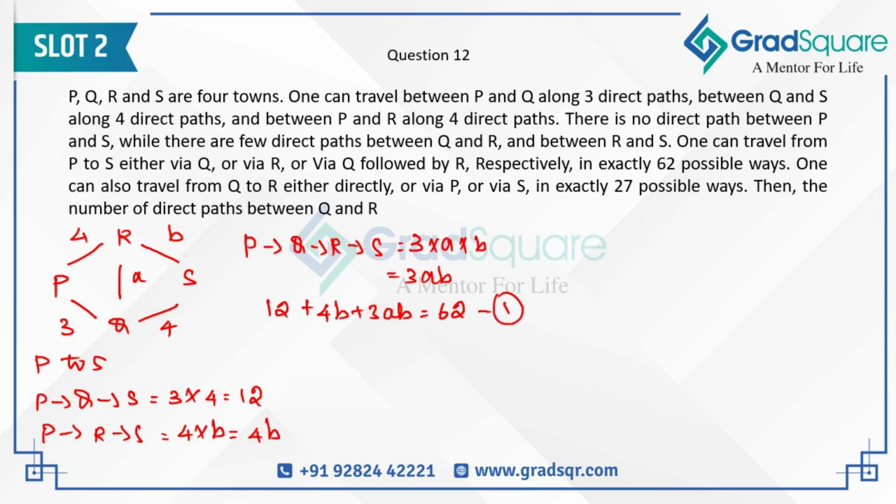Now next, travel from Q to R. Either it can go directly, which means A. Q to R directly is A. Or from Q to P, and then from P to R, which is 3 into 4, which is 12. Or from Q to S and then to R, which is 4 into B, 4B.